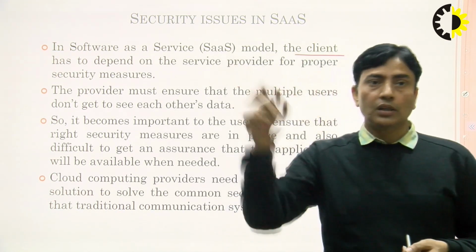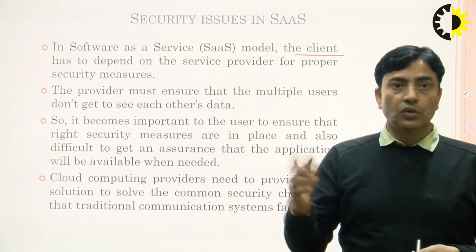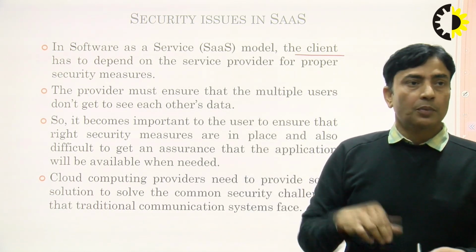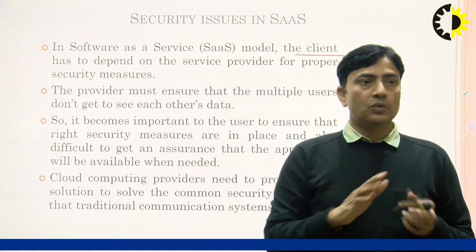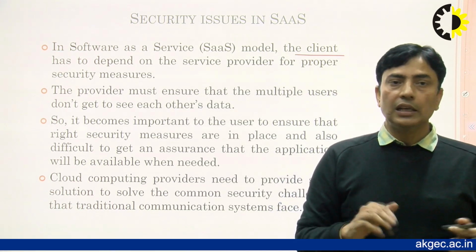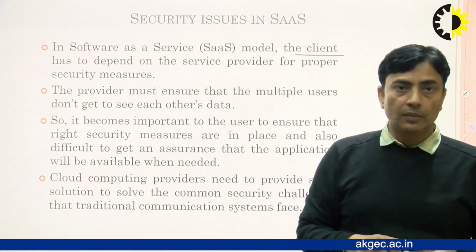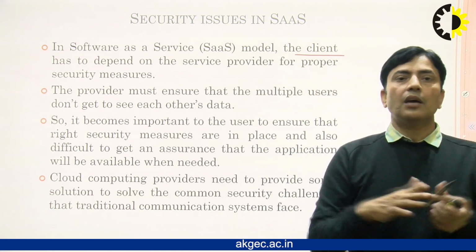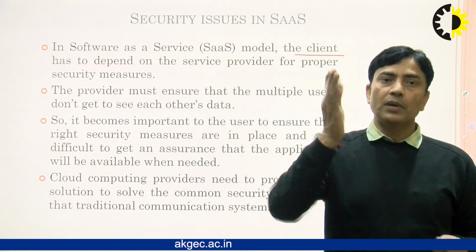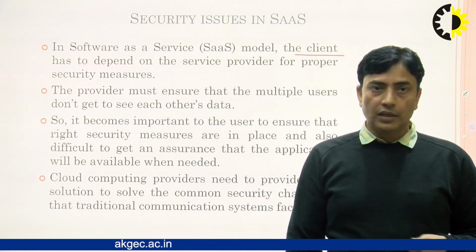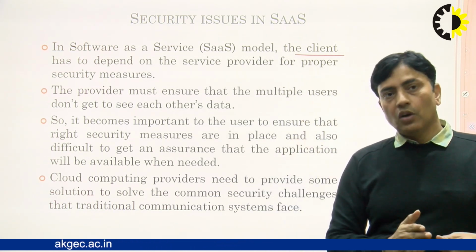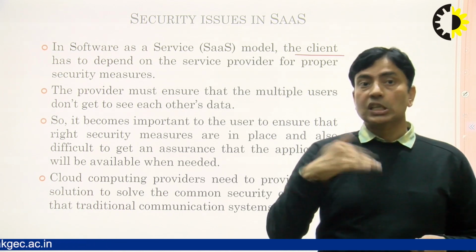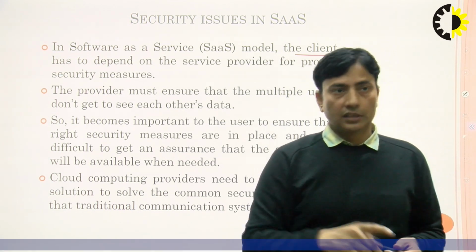We have to depend on the provider, whether it is secure or not. The provider must ensure that multiple users don't get to see each other's data, because this is the multi-tenant model. Multi-tenant model means the same resources can be accessed by a number of users. So there should be proper segregation of data, so that one user cannot see or steal the data of others.